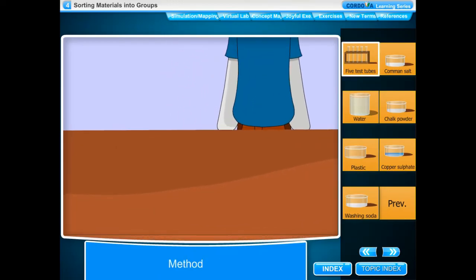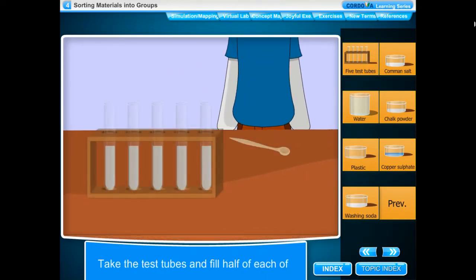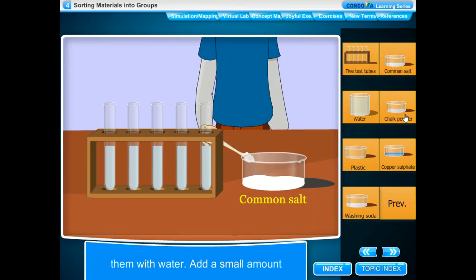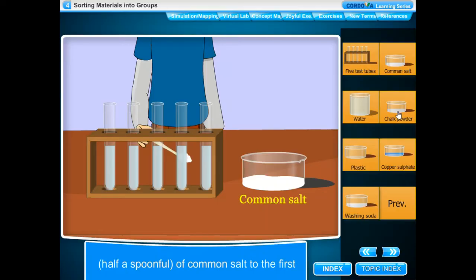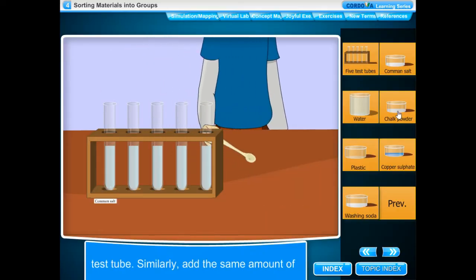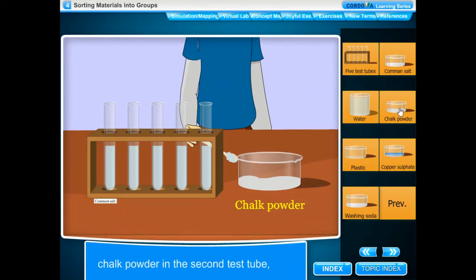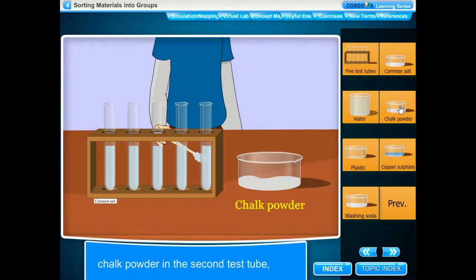Method: Take the test tubes and fill half of each of them with water. Add a small amount, half a spoonful of common salt, to the first test tube. Similarly, add the same amount of chalk powder in the second test tube.